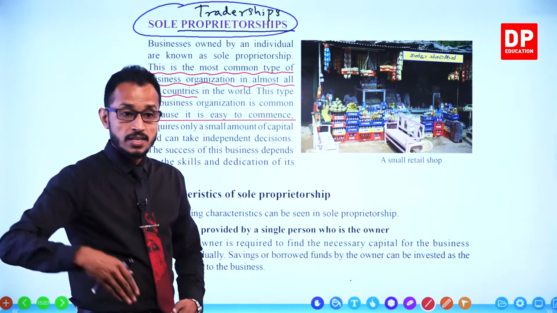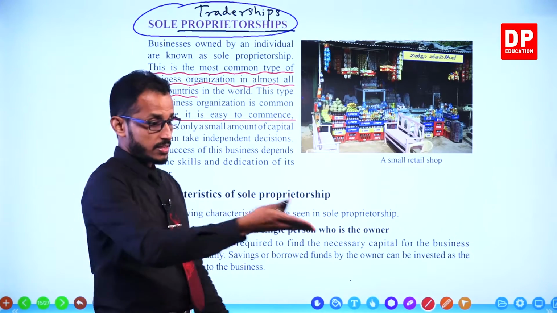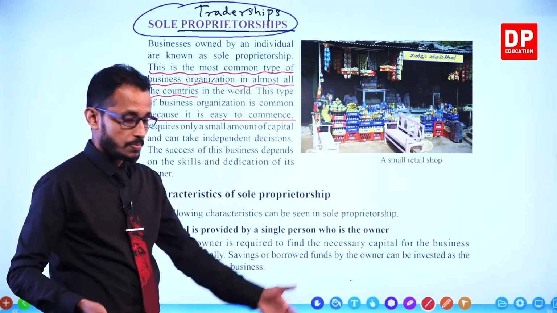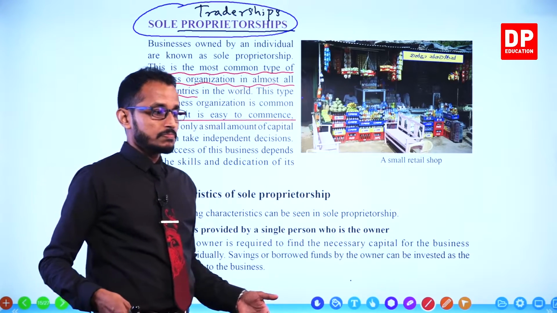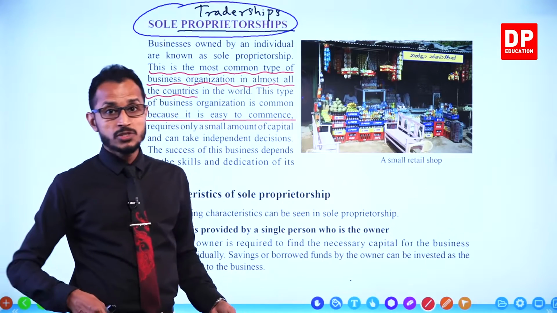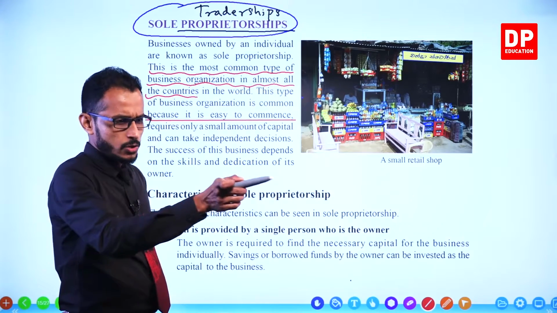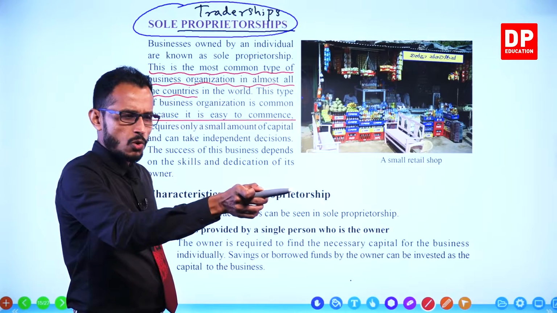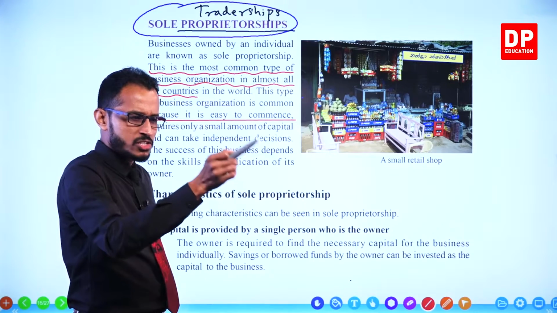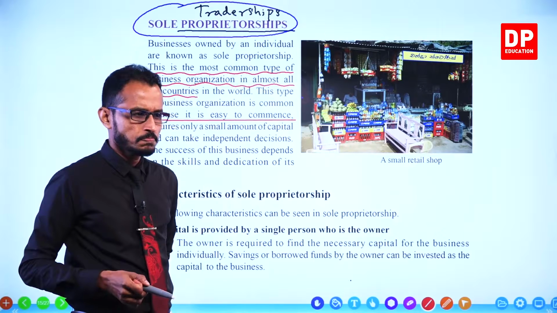Sell the king coconuts beside the street on the pavement. Okay. Nobody's going to come and ask, hey you, where's your business registration certificate? No.